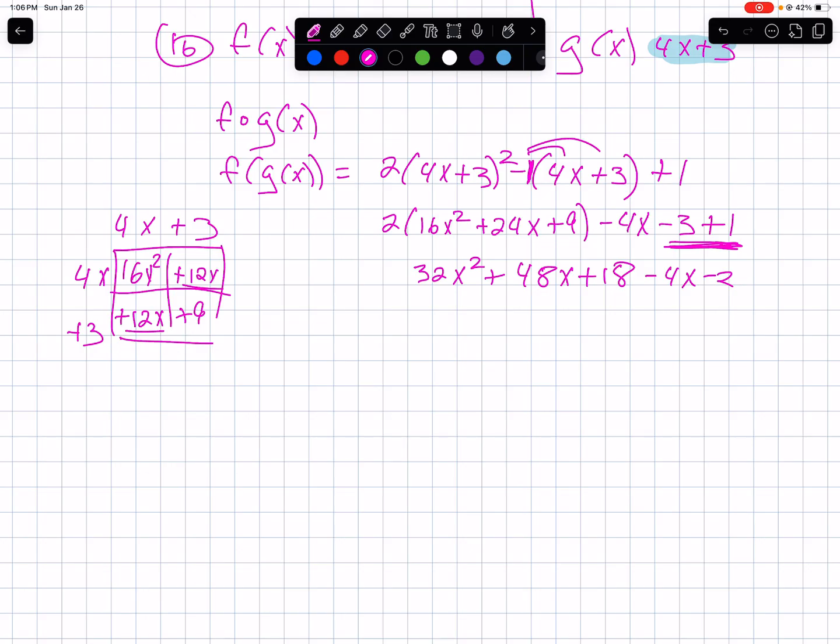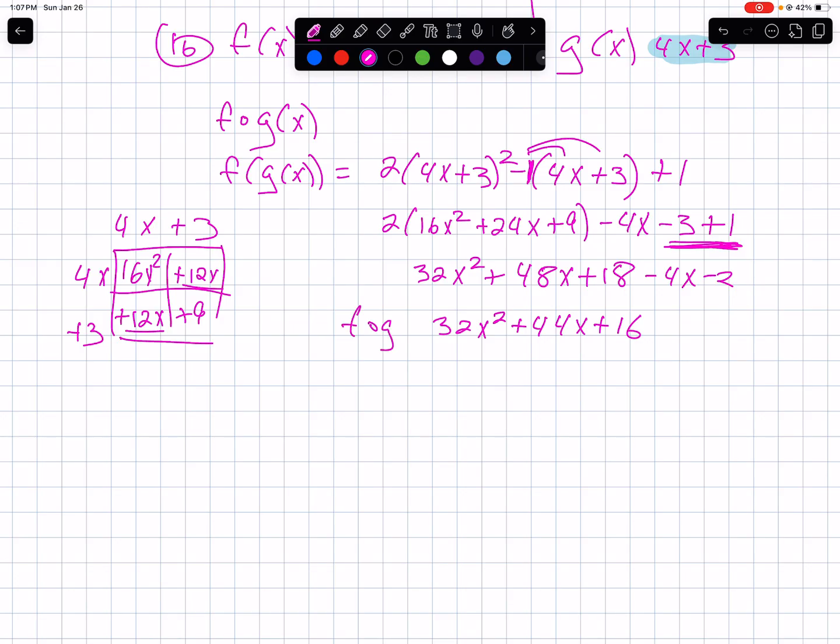And then the only thing left is to combine the like terms, so the x's and the numbers. So 32x squared, we're good. Plus 44x, plus 16. You're right. And that's f of g.